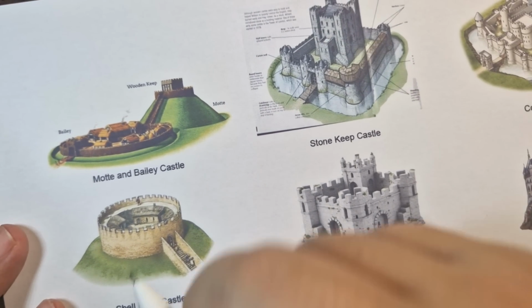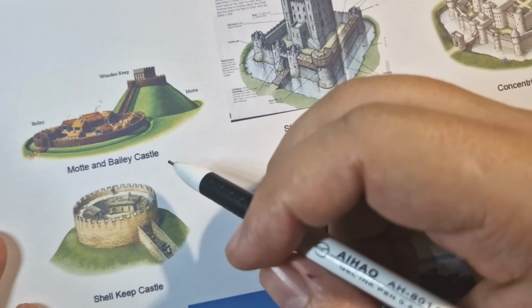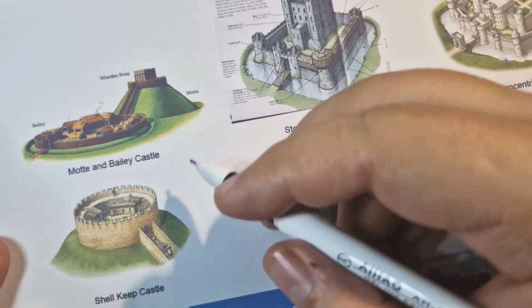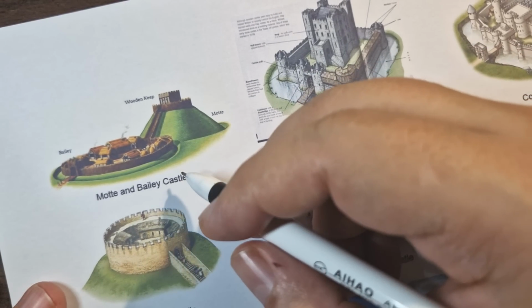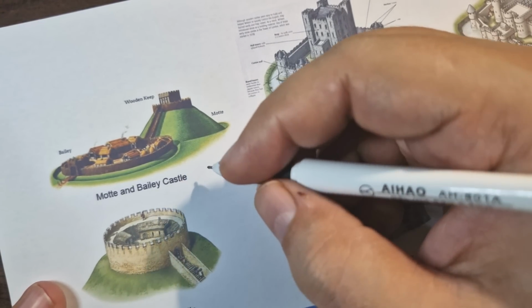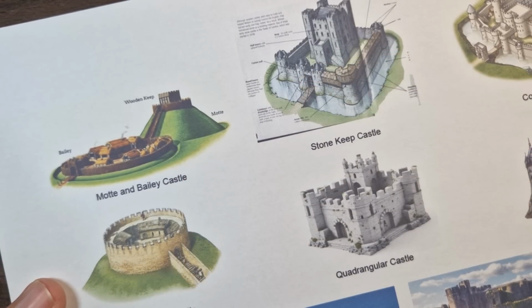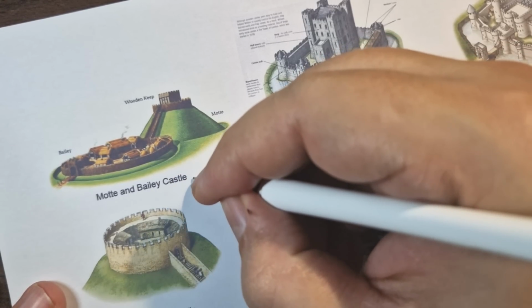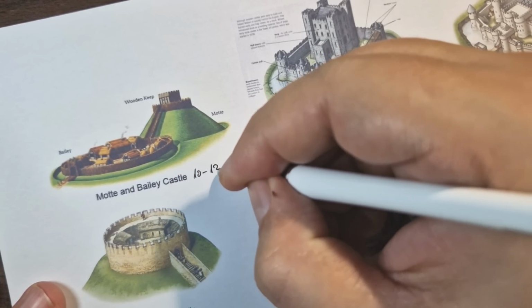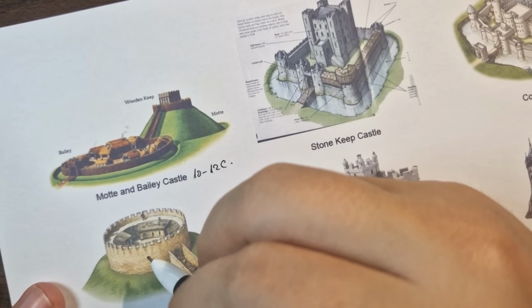And first, we're gonna start with the motte-and-bailey castle, which was a structure mostly built between the 10th and 12th century.